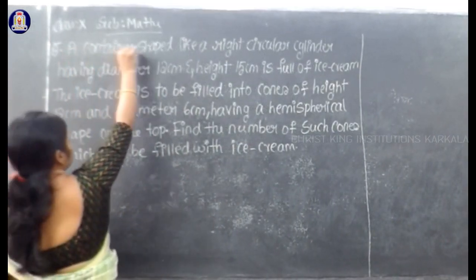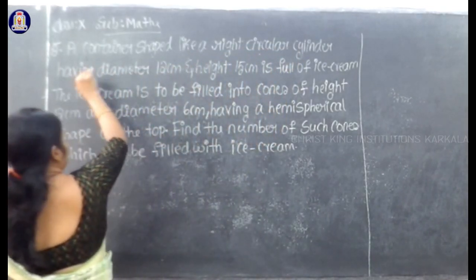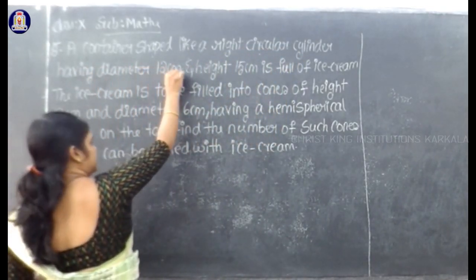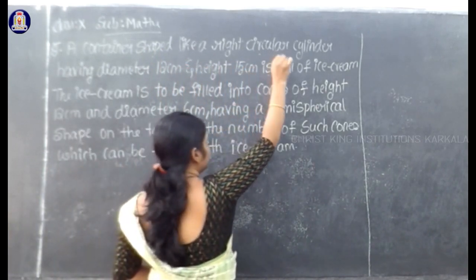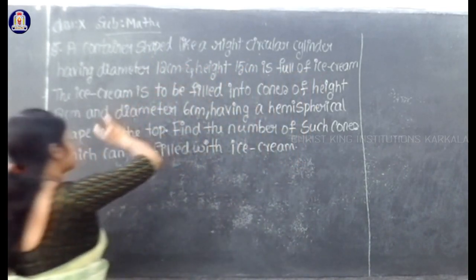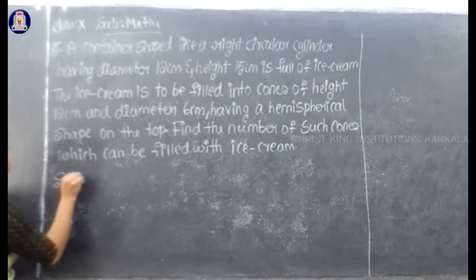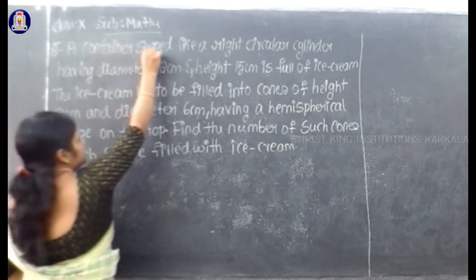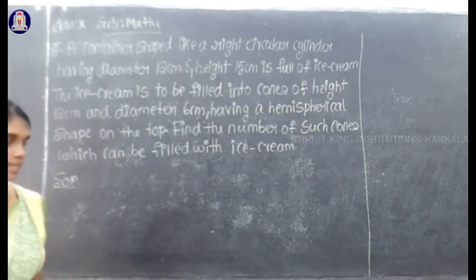A container shaped like a right circular cylinder having diameter 12 centimeter and height 15 centimeter is full of ice cream. So here is the solution. First, a container is the shape of which one? Right circular cylinder.